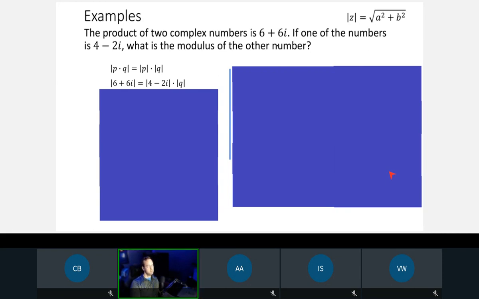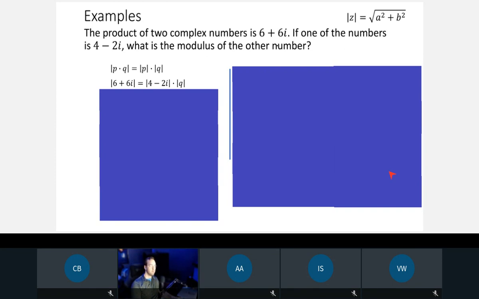So if you got rad 72, you need to simplify. So remember, like Julia got rad 72. It's not simplified, so you're not finished, therefore it's wrong. That's the way I look at it.